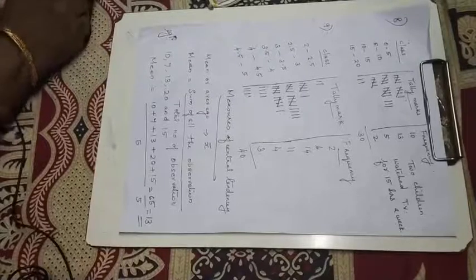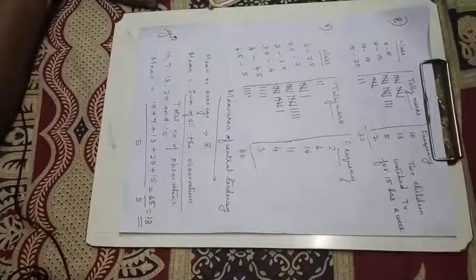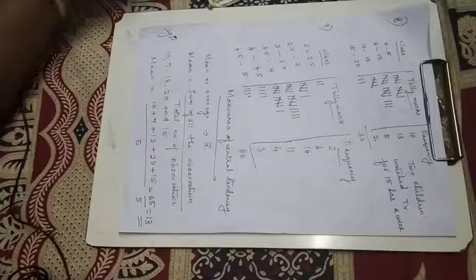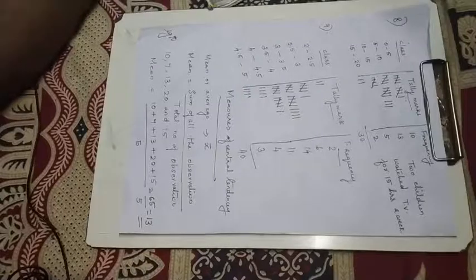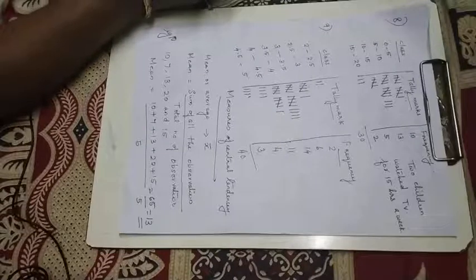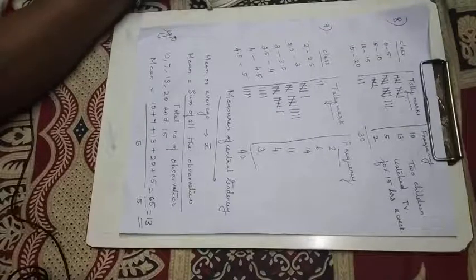Now look at example 11. Find the mean of the marks obtained by 30 students of class 9 of a school given in example 2. In example 2, on page number 241, the marks of 30 students are given.